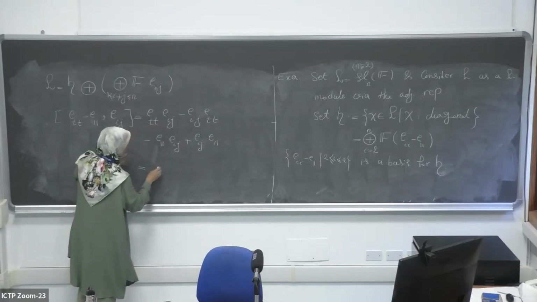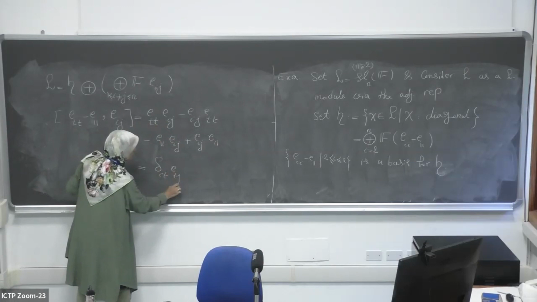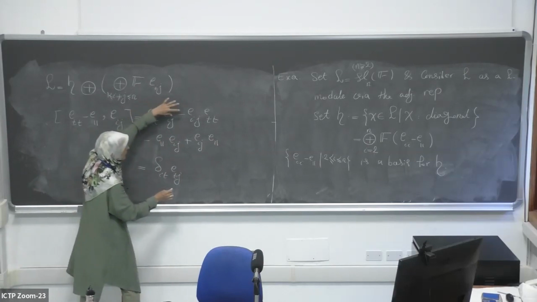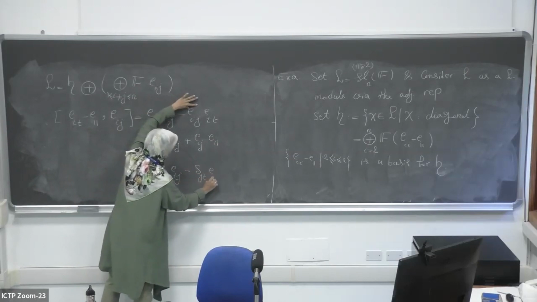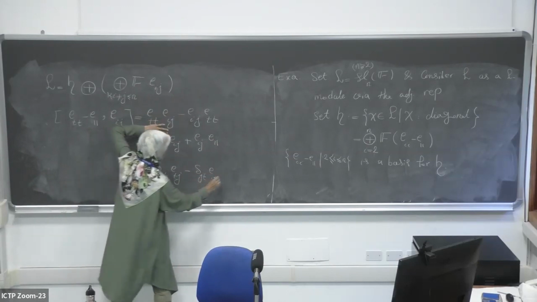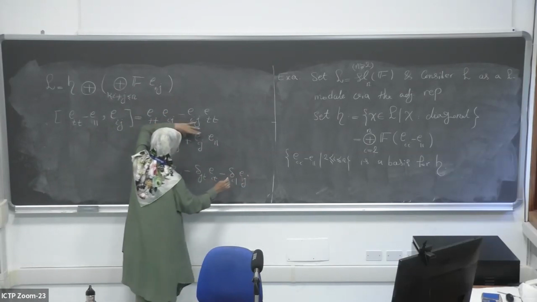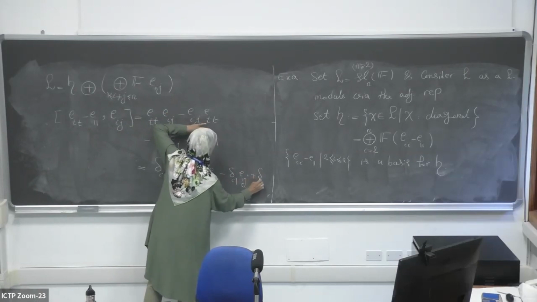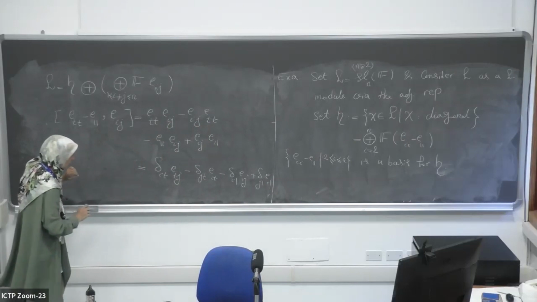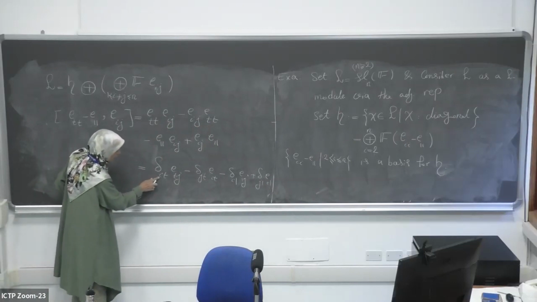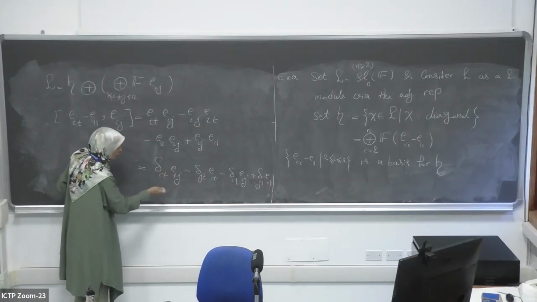And what is this? If we compute these products, I have delta_it E_tj. For this, I have minus delta_jt E_it. I have minus delta_i1 E_1j, and I have plus delta_j1 E_i1. And if i equals t, instead of t I can put i, and otherwise it is 0.